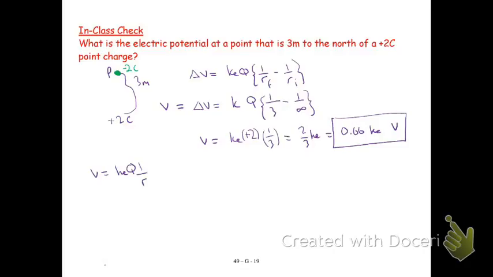I would go, well, my U is equal to Q times V, which equals minus 2 times 0.66 KE, which equals minus 1.32, I think it is, KE joules. So you can always put a charge in, yeah?